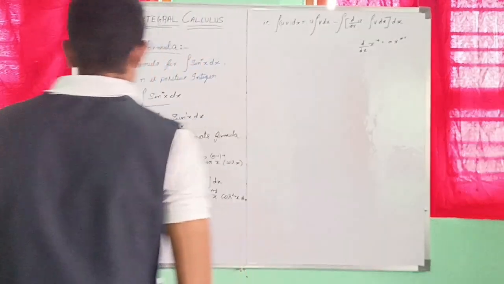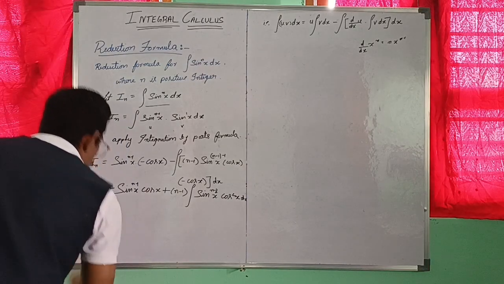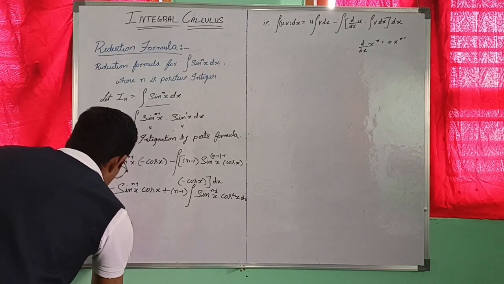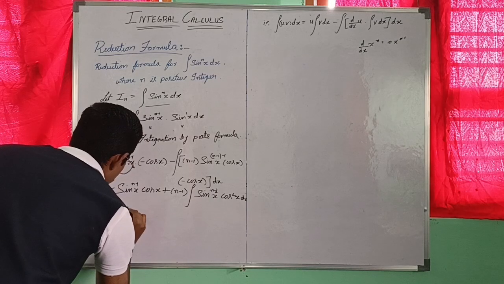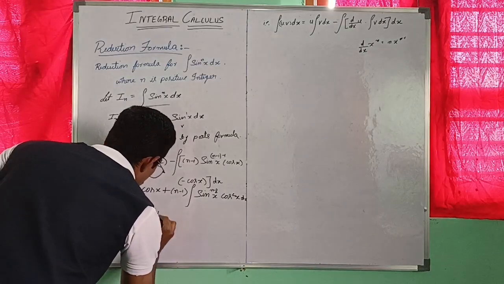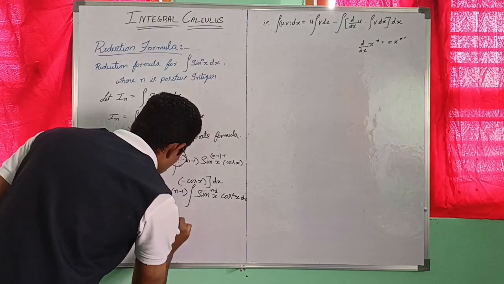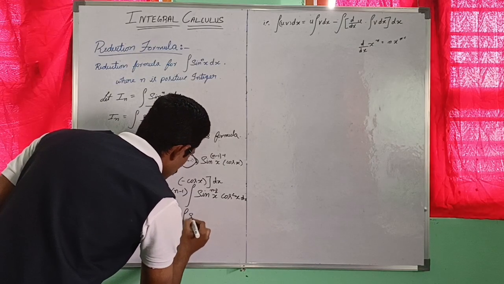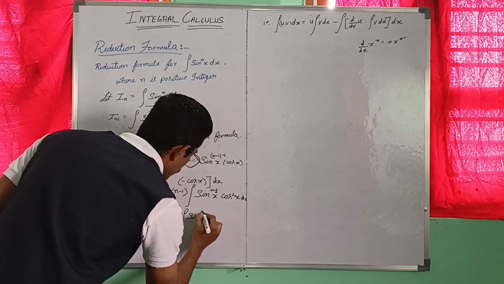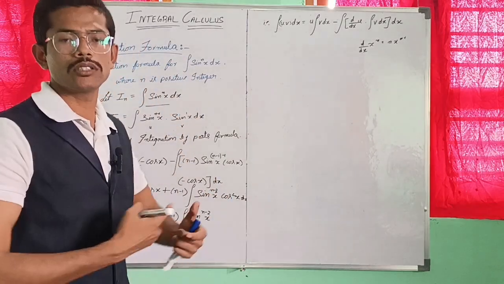Let's move on. I_n equals minus sine power n minus 1 x cos x, plus n minus 1 times the integration of sine power n minus 2 x. What is the formula for cos square x?